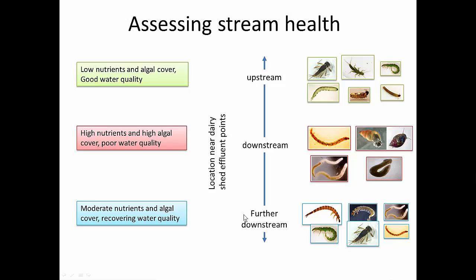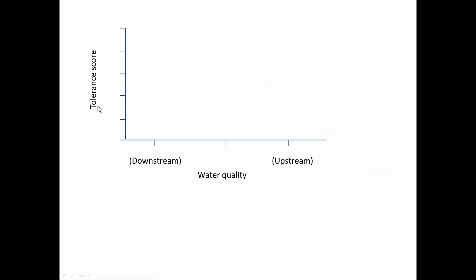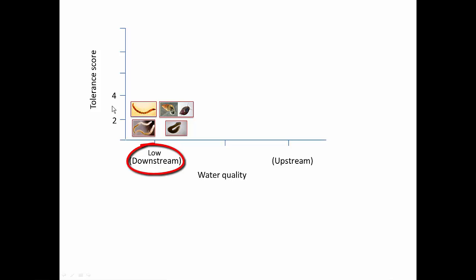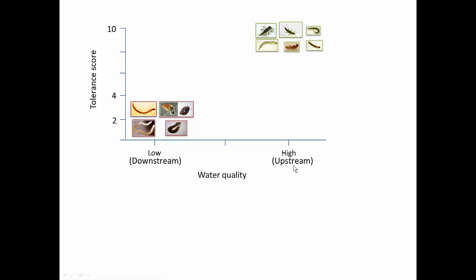So based on the distributional pattern of these different invertebrates, Dr. Stark assigned what we call tolerance scores to the different types of invertebrates. So for example, invertebrates which were tolerant to organic enrichment and found below the dairy shed effluent were scored very low, and invertebrates which were only found above the dairy shed effluent were scored very high.